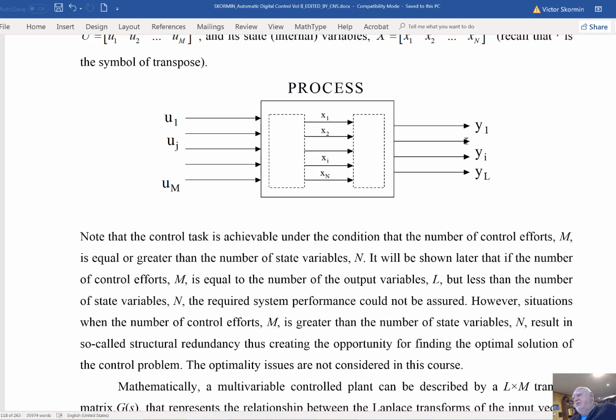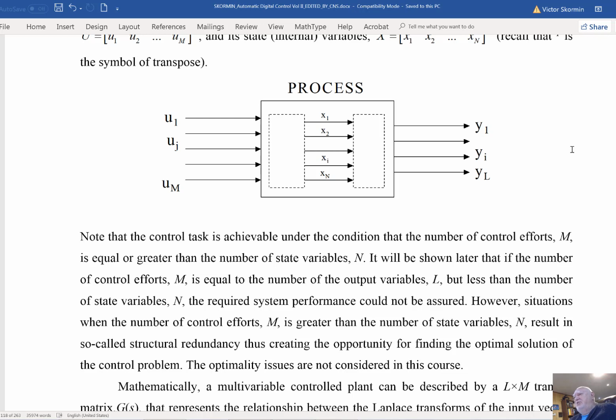You will see response in the output number 2. You will see response in the output number 3, and so on. And I have to assure you that the settling times may not be acceptable at all, and the responses may not be stable at all, and the overshoots probably would be absolutely unacceptable. I guess the whole issue of stability may not exist.